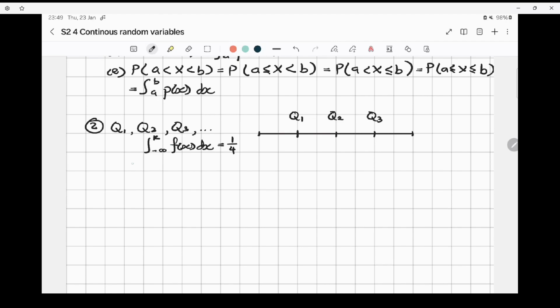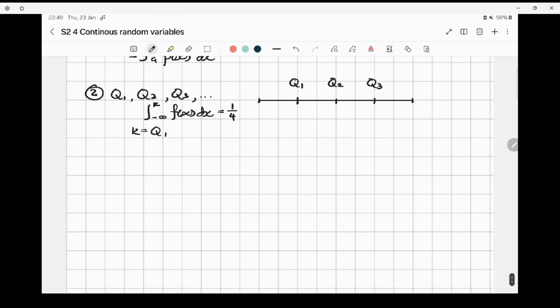So K will be your first quartile. Similarly, if you have the integration starting from the lowest point of your domain up to 1/2, for example, then your K will be your median, Q2, and so on.